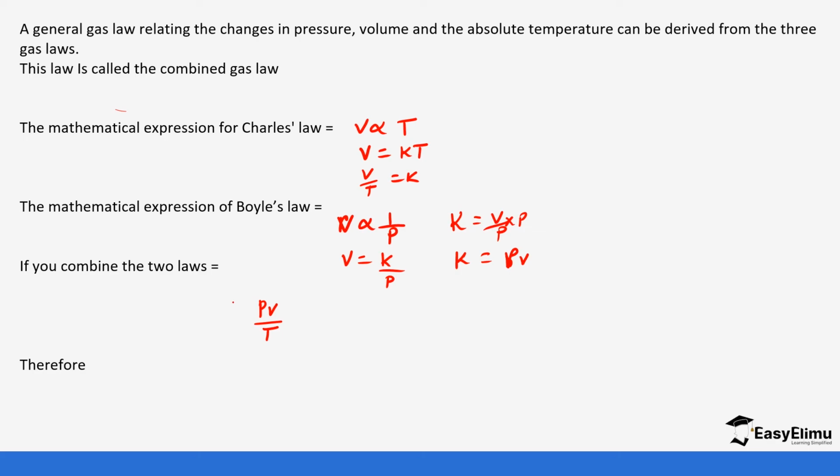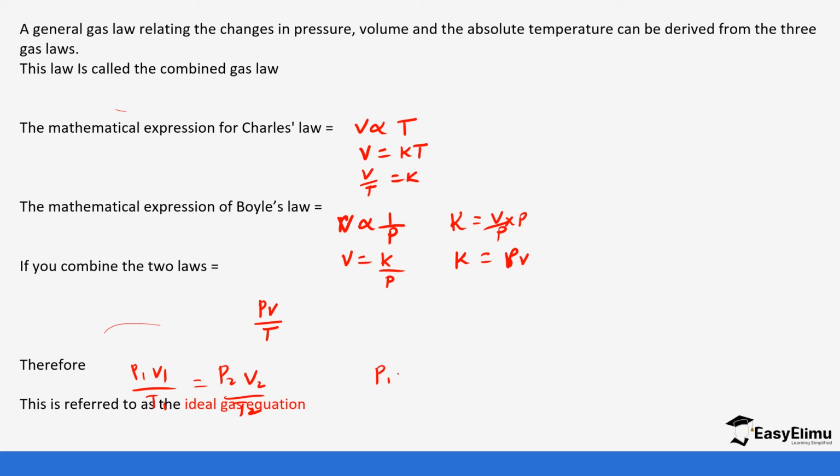Therefore, if we pick a gas that has a certain volume and pressure at a certain temperature, and another gas, we can call it 2, which has a certain volume and a certain pressure at a certain temperature, our law is going to be P1V1 over T1 equals P2V2 over T2. So this is what we usually refer to as the ideal gas equation. The P1V1 over T1 equals P2V2 over T2.